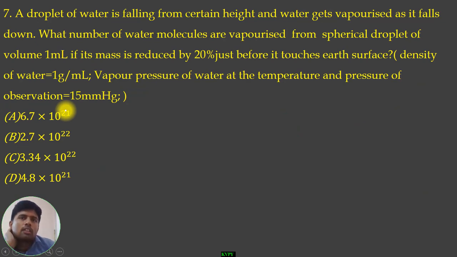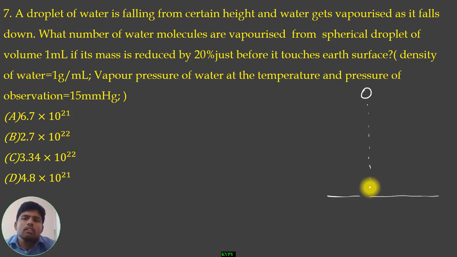A droplet of water is falling from a certain height and water gets vaporized as it falls down. So a water droplet is falling, and it gets vaporized as it falls. What number of water molecules are vaporized from a spherical droplet of volume 1 ml if its mass is reduced by 20% just before it touches the surface?